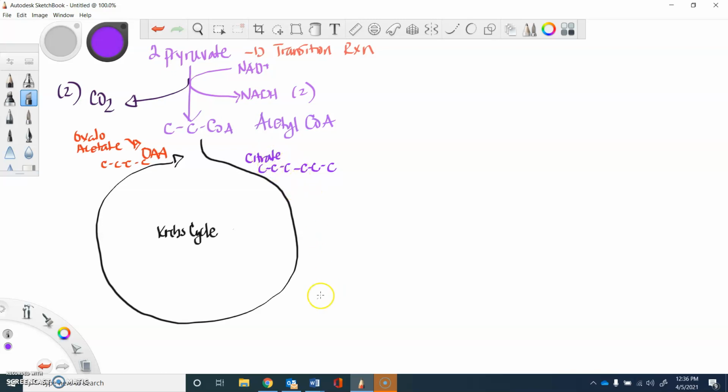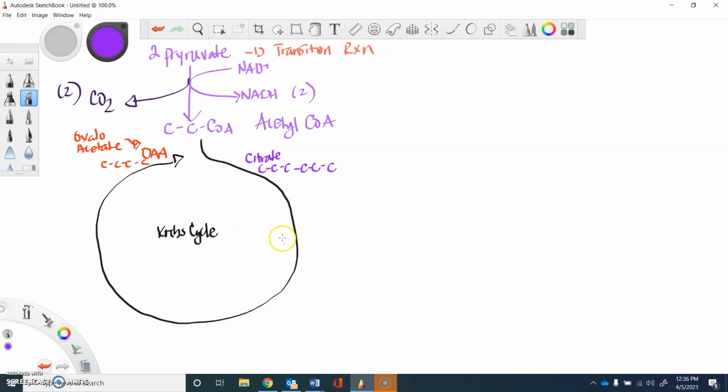Then it goes through a bunch of chemical reactions around, and we get some things. So I want you to know what we get from the Krebs cycle, but you don't have to know every single intermediate. But you should know that acetyl-CoA enters the Krebs cycle by combining with OAA, or oxaloacetate, to make citrate.